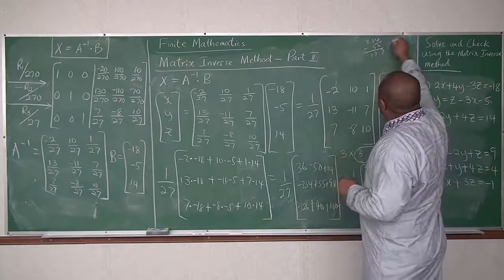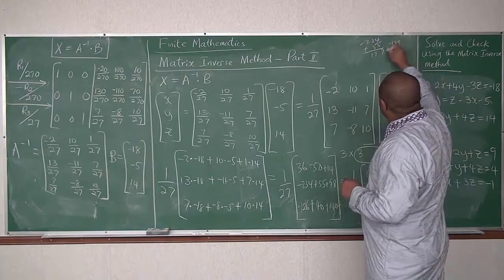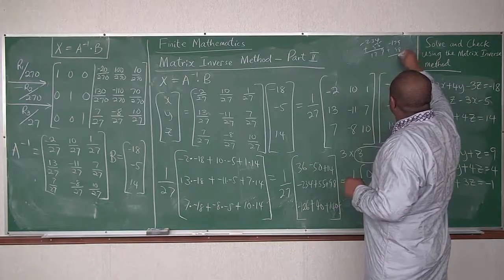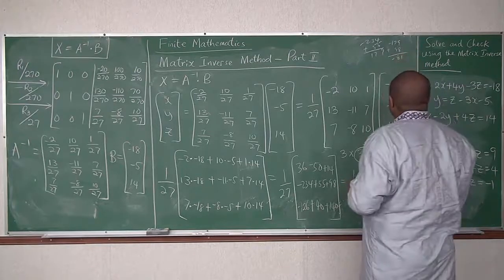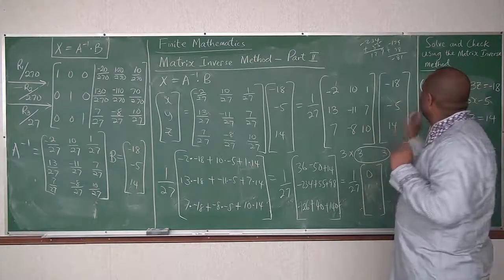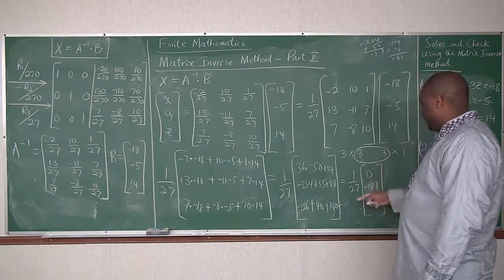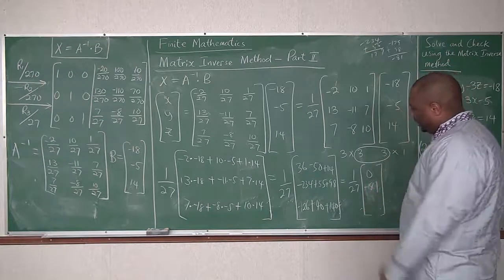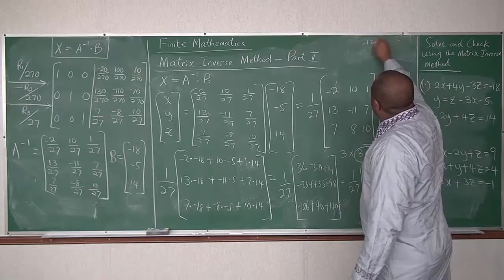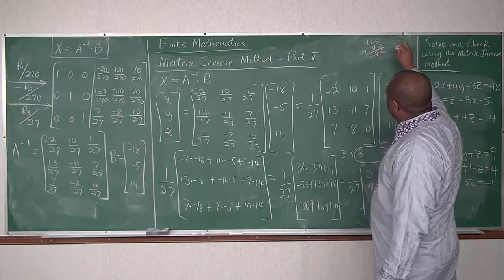That's negative 179. Plus 98, negative 179 plus 98 is negative 81. Then negative 126 plus 40 is negative 86.